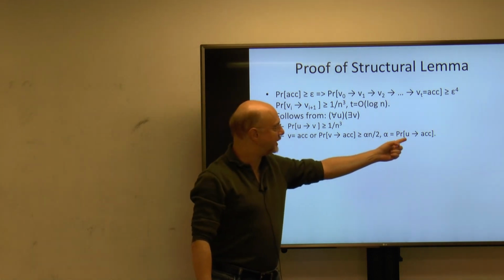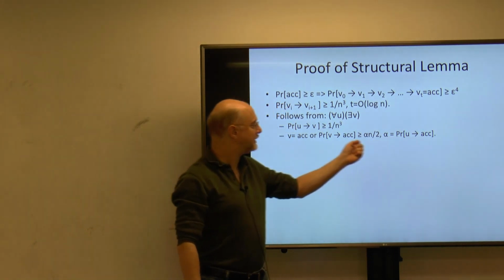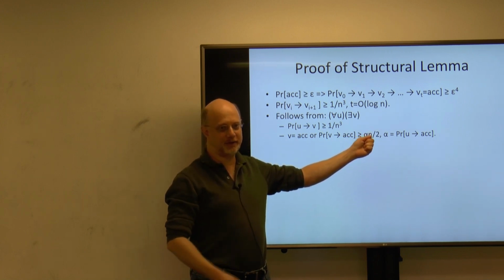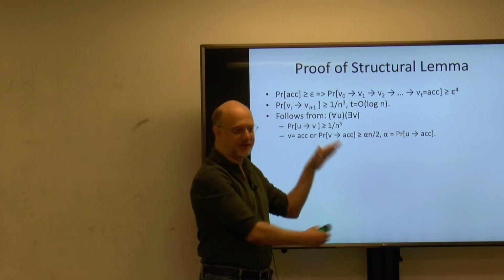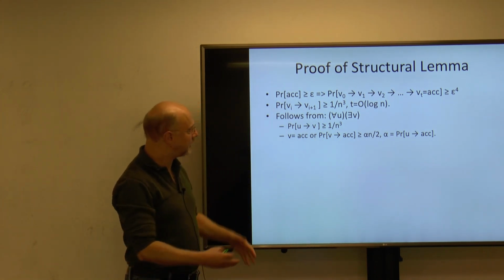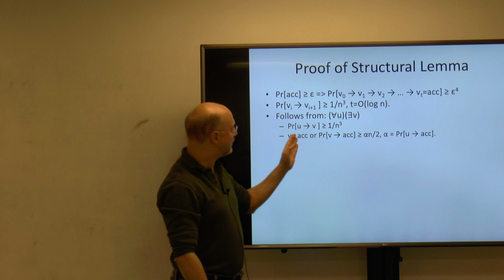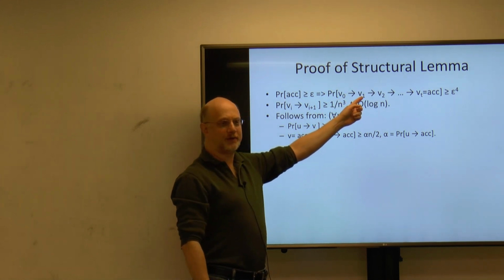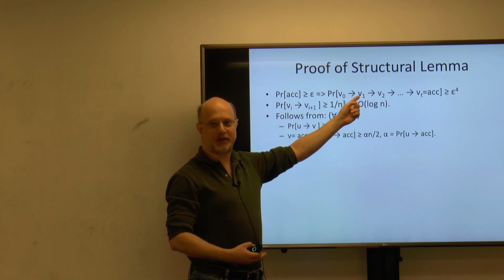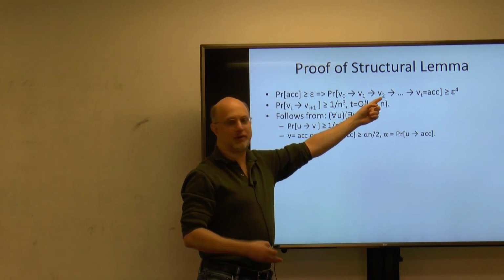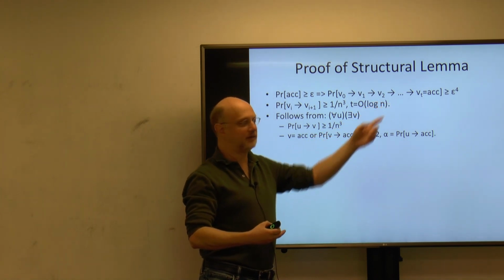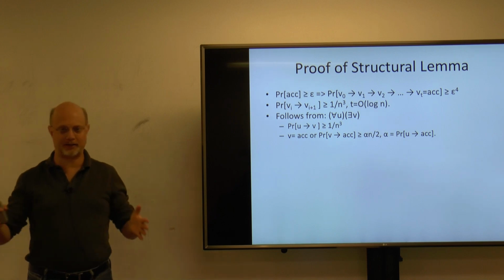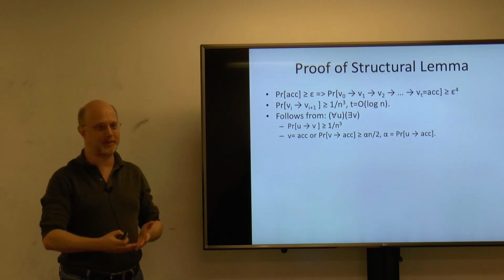Let alpha be the probability that U leads to acceptance. The probability that V leads to acceptance should get multiplied by n, or let's say n over 2. I wrote n over 2, but you'll see why. If we do this inductively, we start from V0, we find a V1 whose acceptance probability is a factor of n more, and V2 is a factor of n more than that, and so on. We started with acceptance probability n to the minus log n. After log n iterations, we'll get to an accepting node.